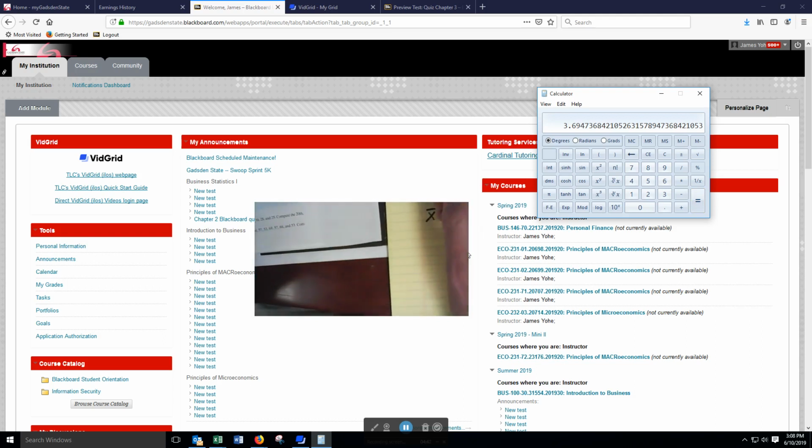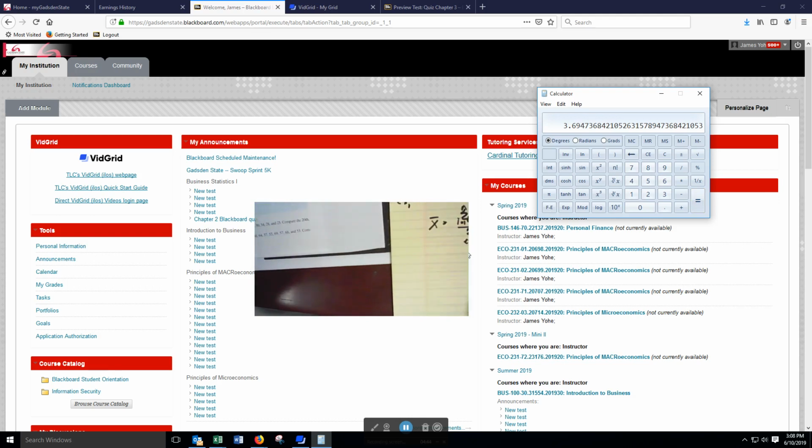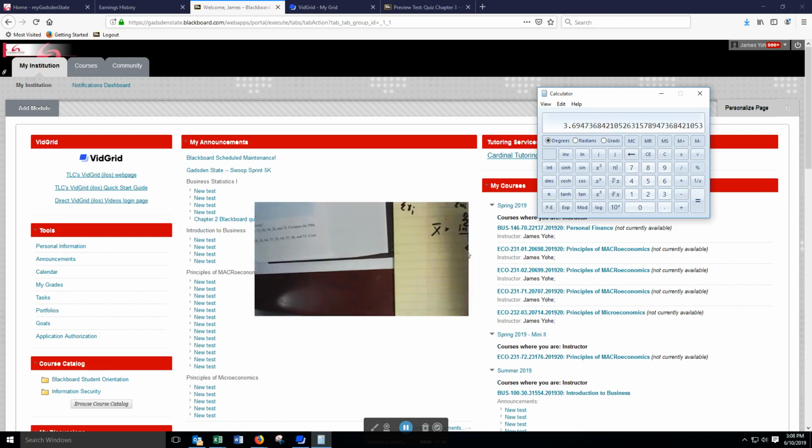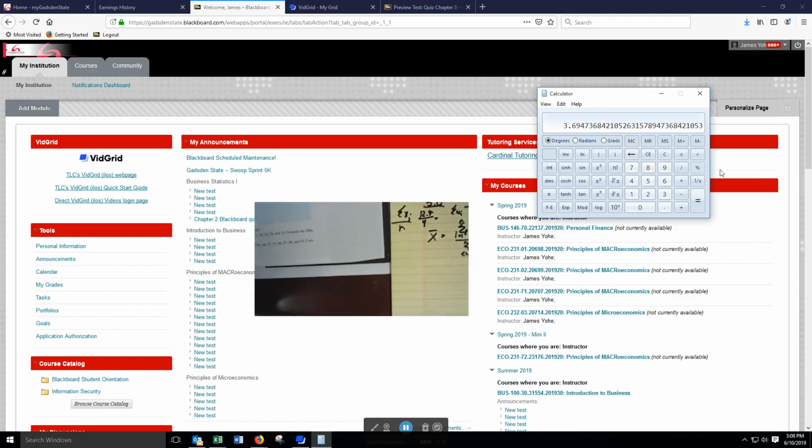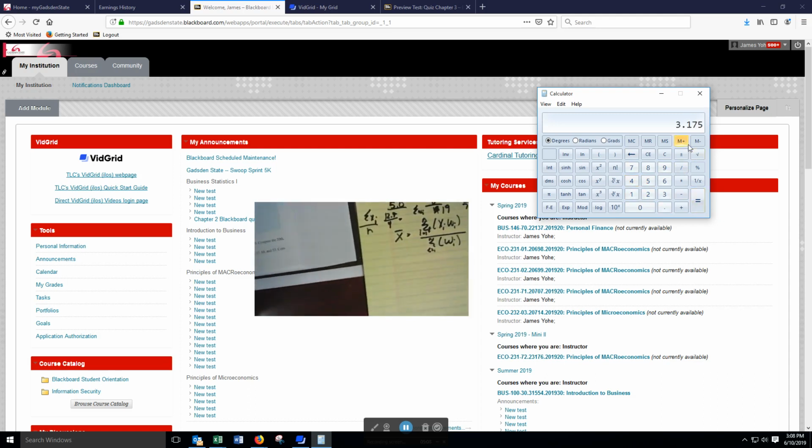Now, if I were to just sum x sub i, like we were doing earlier when we weren't using the weights, and divide it by n, I'm going to get 12.7 divided by 4. You see this is going to be different here. 12.7 divided by 4 comes out to be 3.175.